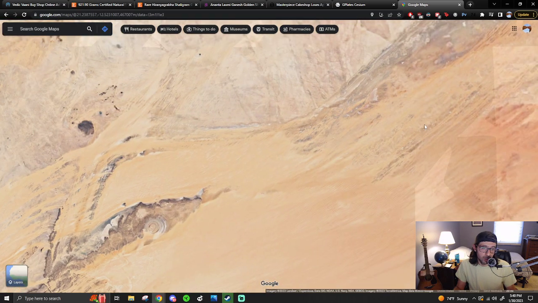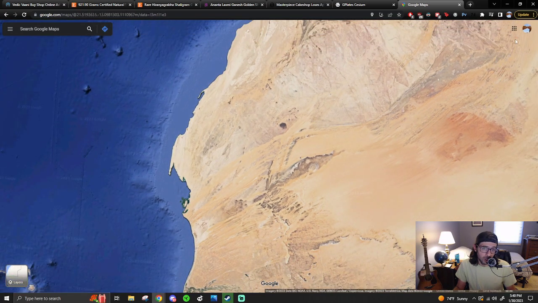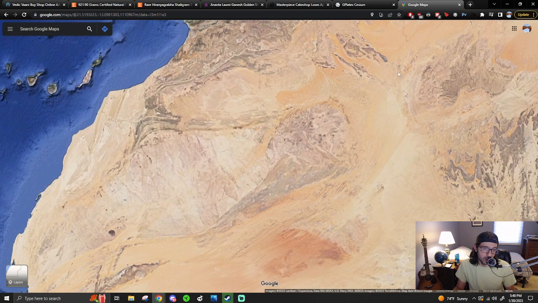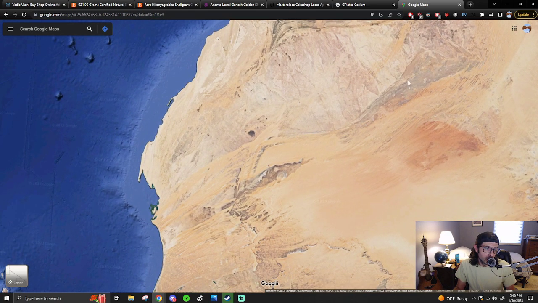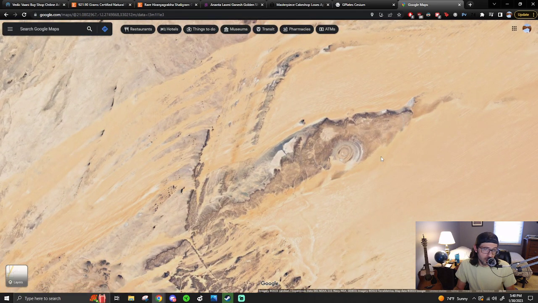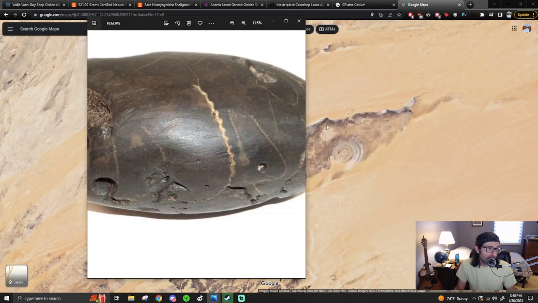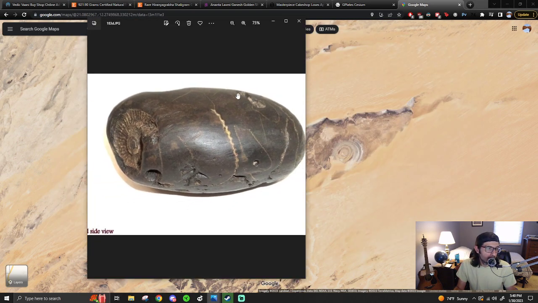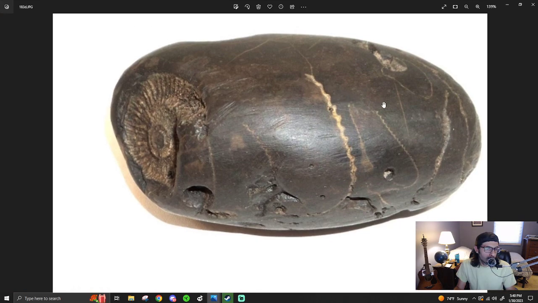So basically, one current, generally speaking, coming across this way, and then it divides around this elevated region. Kind of like here.